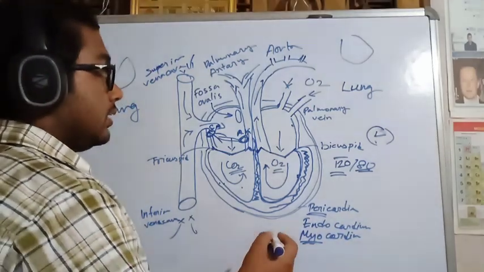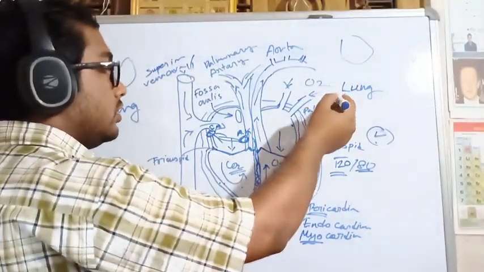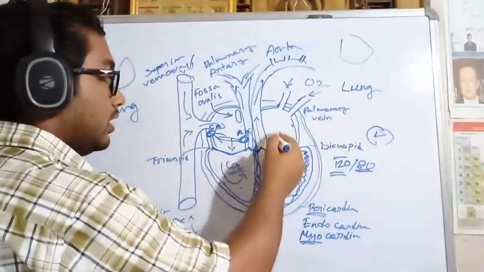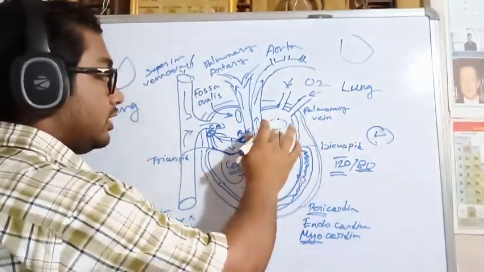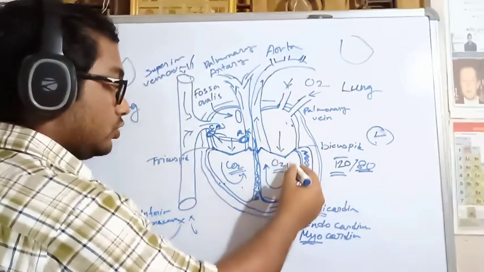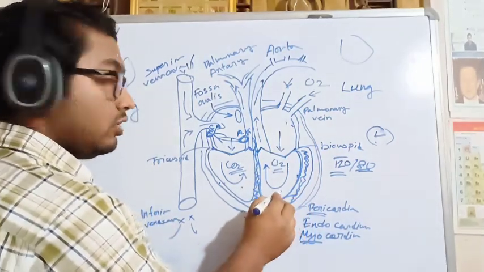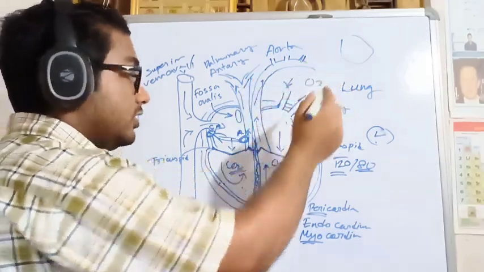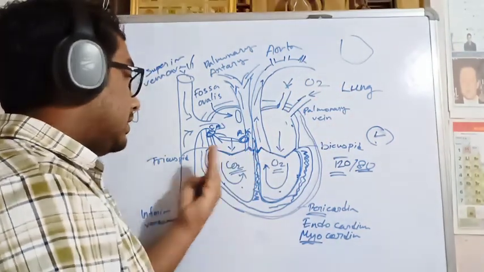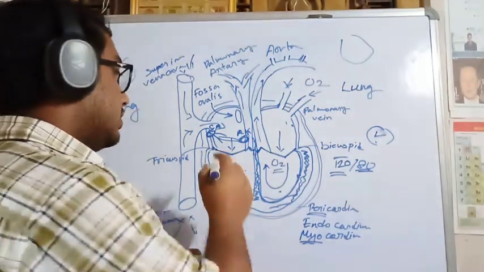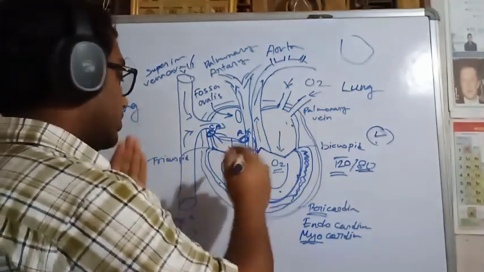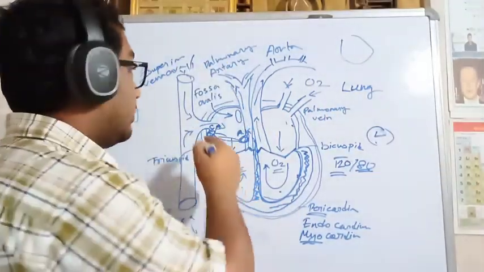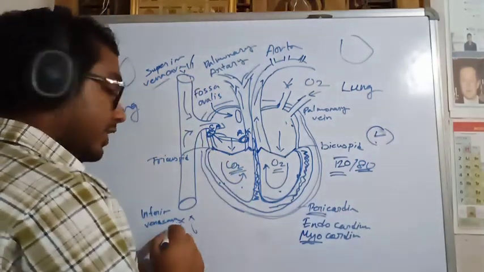And for circulation, first the oxygenated, pure blood comes from the lungs to the left atrium, then it goes to the left ventricle. After that, by the aorta it spreads all over the body. On the right side, when it expands, all of the blood comes from the upper and lower body through the superior and inferior vena cava.